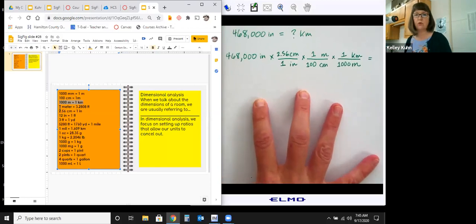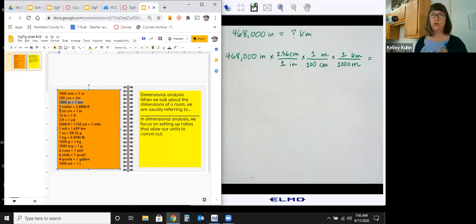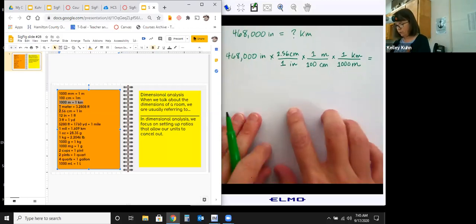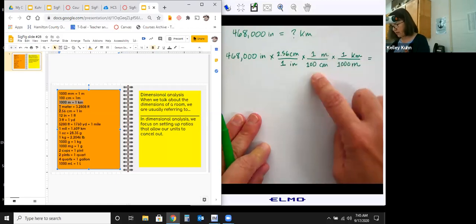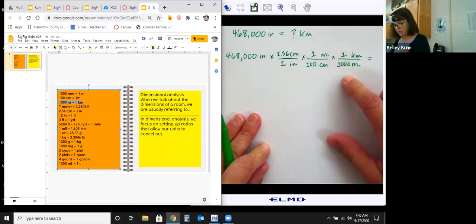Well, we're switching between units, like between systems. We're switching from standard to metric. So it's okay to have numbers that aren't one in both your numerators and your denominators. Just make sure the relationships are correct. 1 inch is 2.56 centimeters. 1 meter is 100 centimeters. 1 kilometer is 1,000 meters.